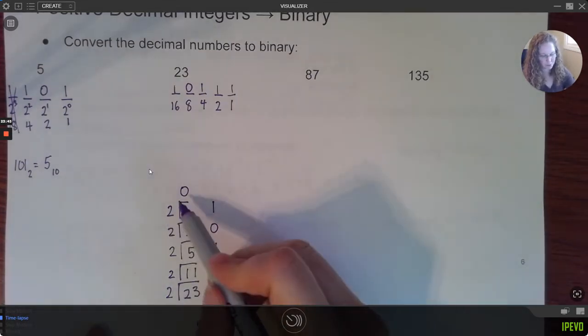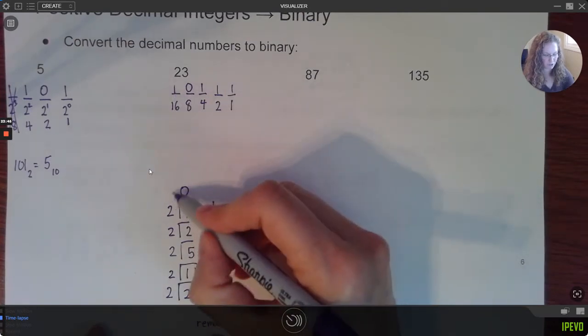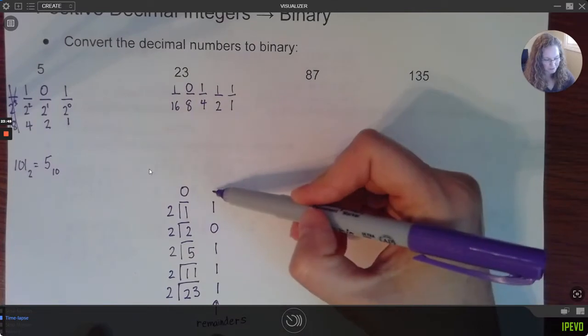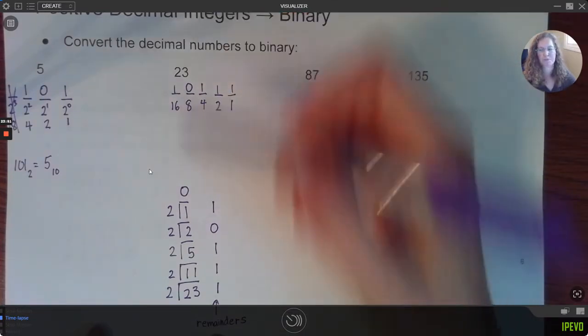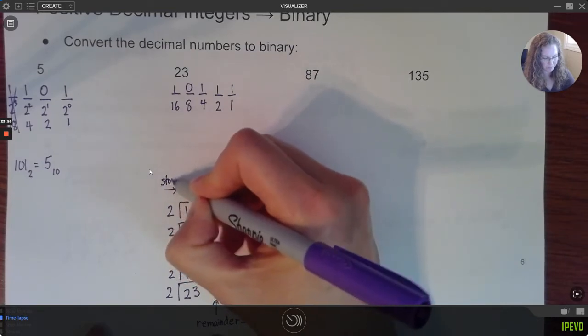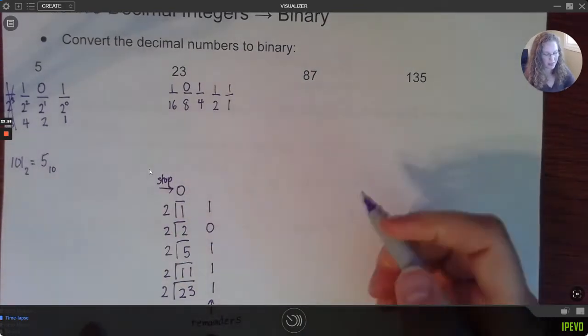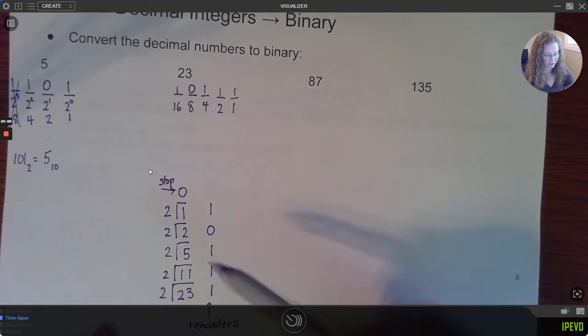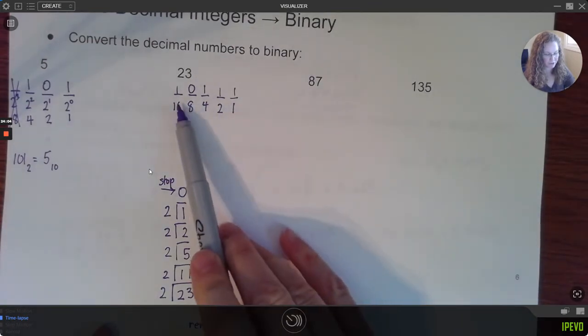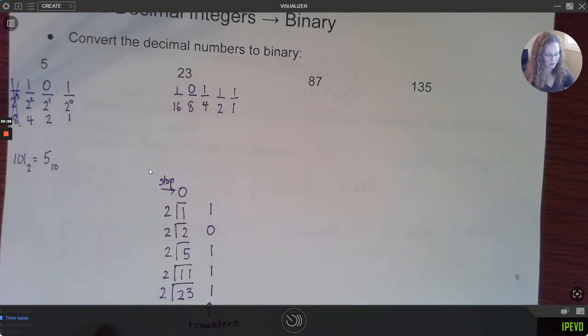Okay, and at this point, if I kept doing it, I would say 2 goes into 0 zero times, remainder of 0, and so on. So I would just have an infinite number of zeros going up this way. Those aren't important. As soon as you get a 0 here, stop. Then if you look at the numbers that I have here as my remainders and compare them to the numbers that I have written up here, hopefully you should see that they're very similar.